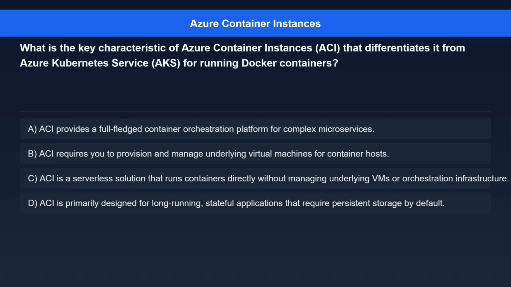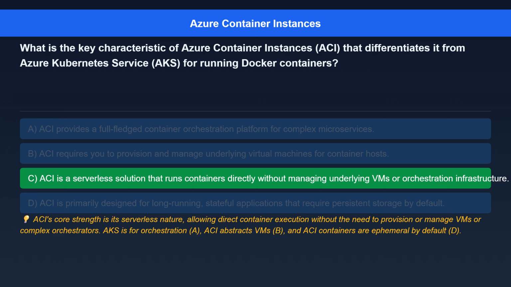Option B. ACI requires you to provision and manage underlying virtual machines for container hosts. Option C. ACI is a serverless solution that runs containers directly without managing underlying VMs or orchestration infrastructure. Option D. ACI is primarily designed for long-running, stateful applications that require persistent storage by default.